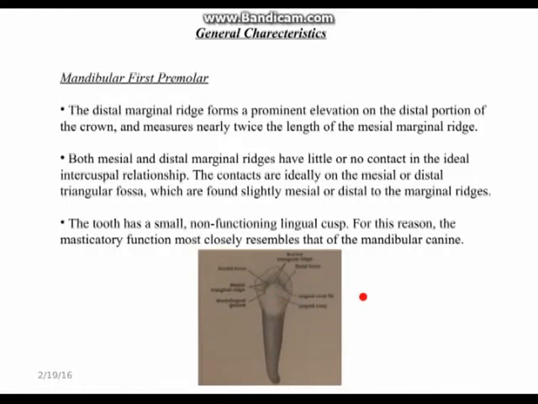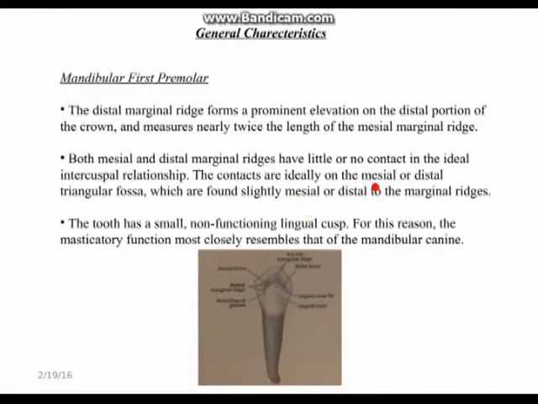Both mesial and distal marginal ridges have little or no contact in the ideal intercuspal relationship. So when you're biting down and you're in maximum intercuspation, usually the cusps are going to touch the opposing teeth in the maxillary arch, while the marginal ridges, whether mesial or distal, are going to have no contact.